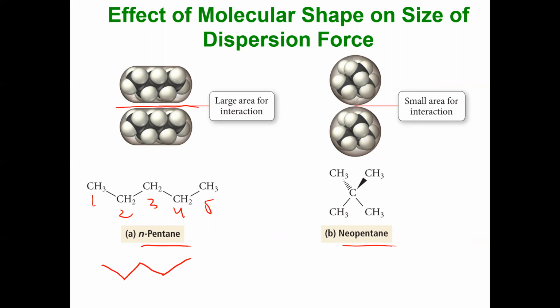In neopentane, or 2,2-dimethylpropane, because this is more spherical, its shape doesn't allow as much stacking. Because it's more spherical, there's less contact. Less contact means less electrostatic forces and less intermolecular forces. As a result, n-pentane has a much higher boiling point than neopentane.